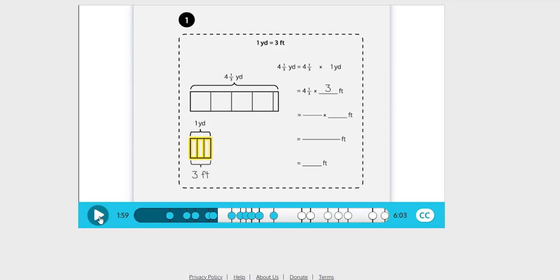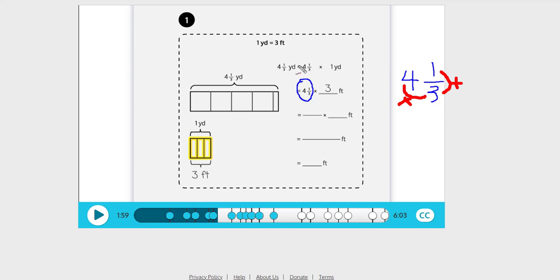Okay, I'm going to pause this for a second, because this is something we've done all along. What kind of number is 4 1/3? If you remember, 4 1/3 is a mixed number. She's asking us to turn it into an improper fraction. So hopefully you remember how to do that. That's 4 times 3, the whole number times the denominator, then add the numerator.